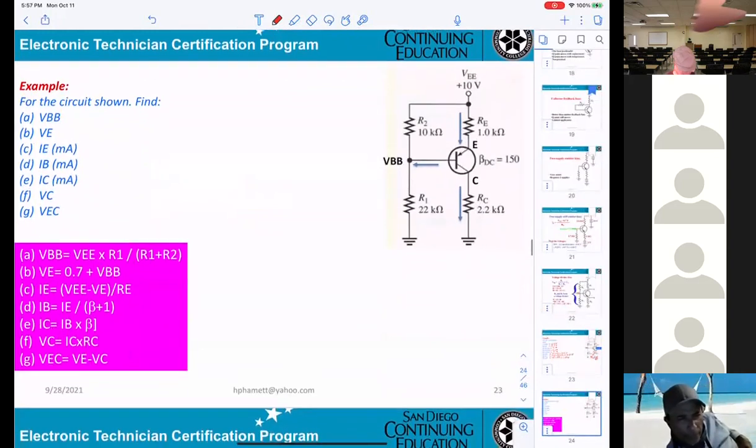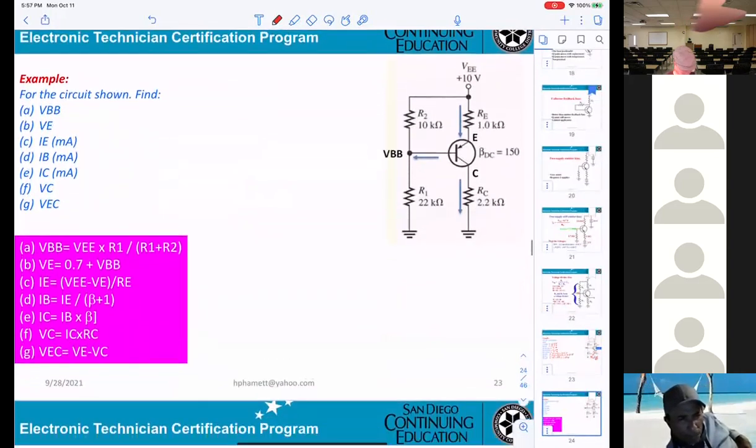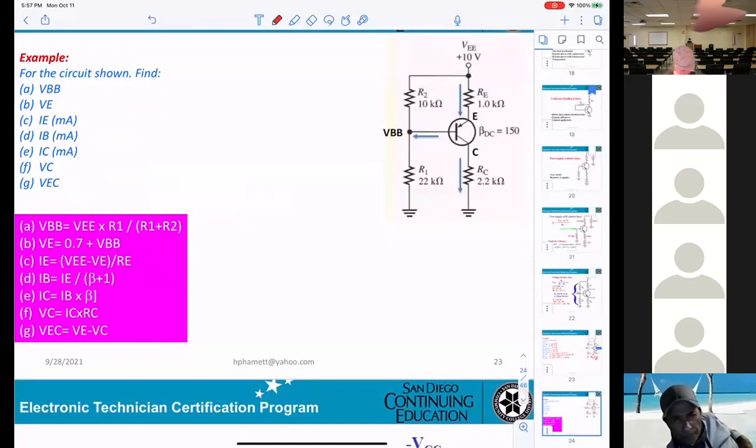Okay, this one we already calculated for you, but I just try to explain how we do the calculation. On this one, they're using the PNP. You see the arrow coming in, and when you see the arrow coming in, the emitter must be there, the emitter by the collector.